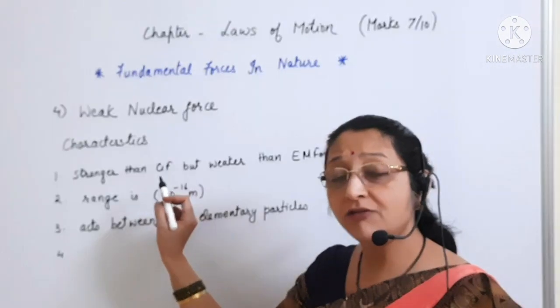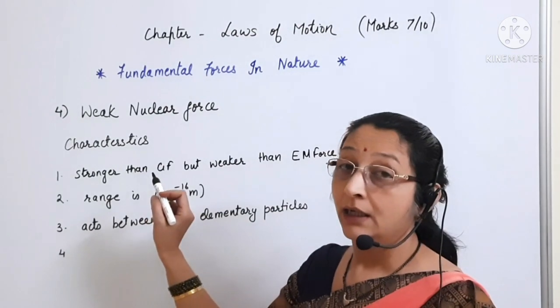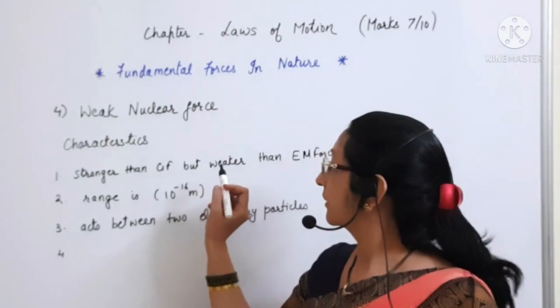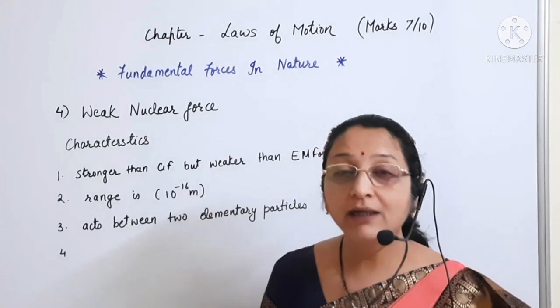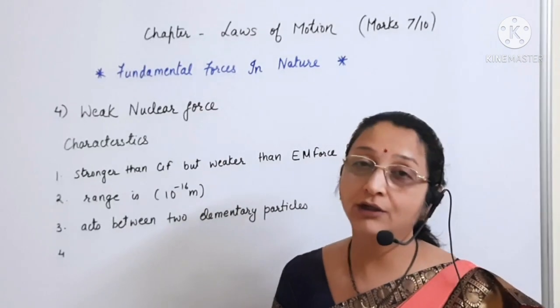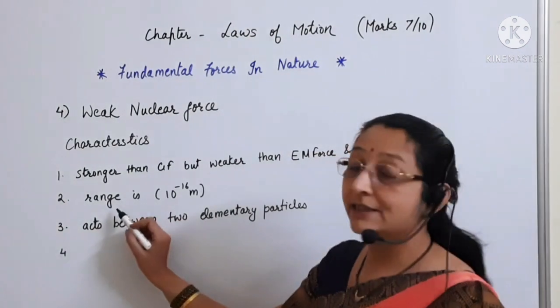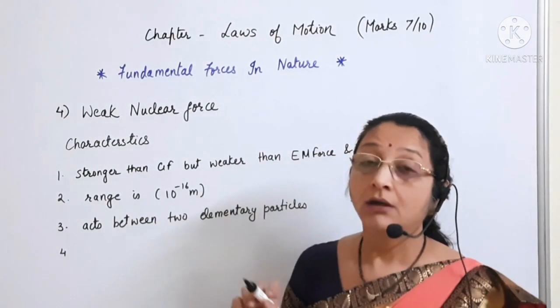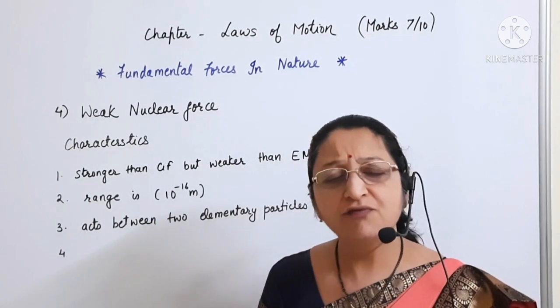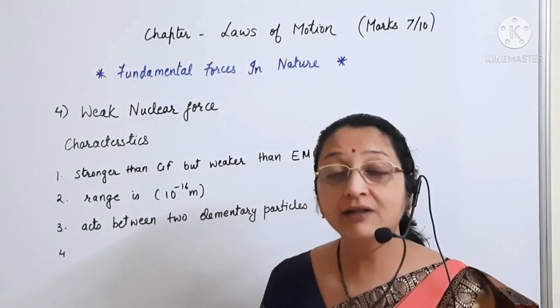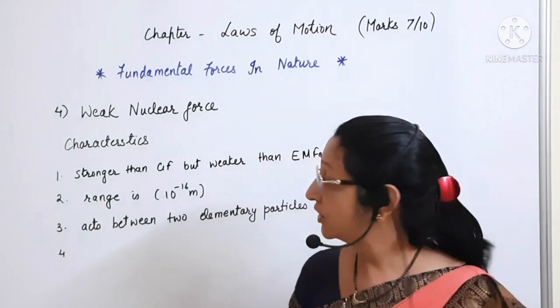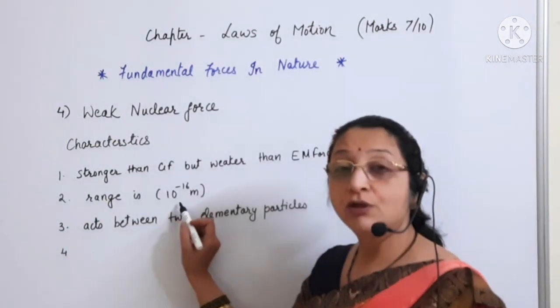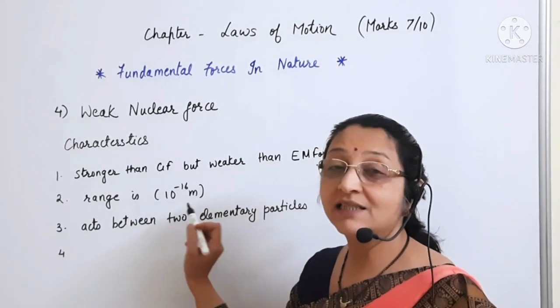The gravitational force is the weakest force, but the weak nuclear force is weaker than the forces which we have studied, that is the electromagnetic force or the strong nuclear force. The next is the range of the weak nuclear force, which is very, very short, shorter than the strong nuclear force. Its range is up to 10 to the power minus 16 meter.